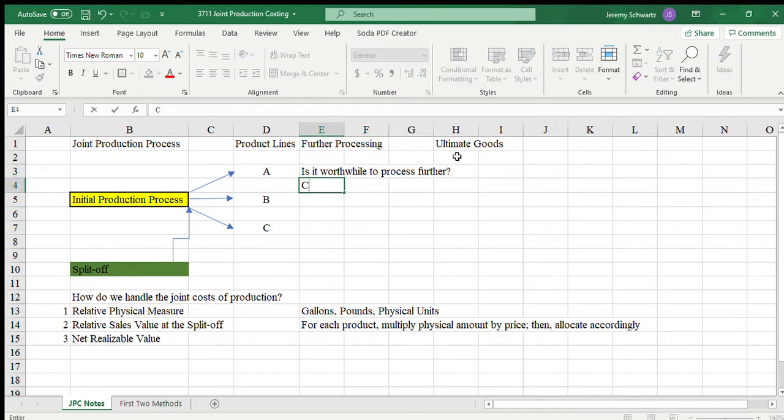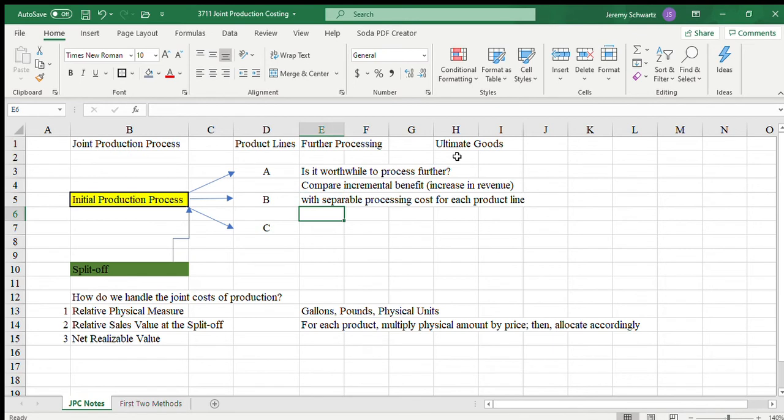So what we need to do is compare the incremental benefit, that is increase in revenue, with the separable processing cost for each product line. So what we need to determine is it worth our while to process further?